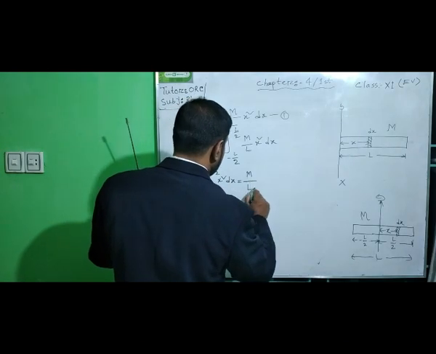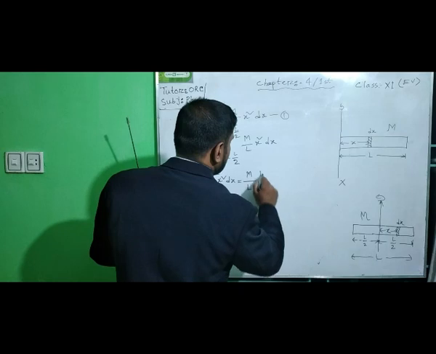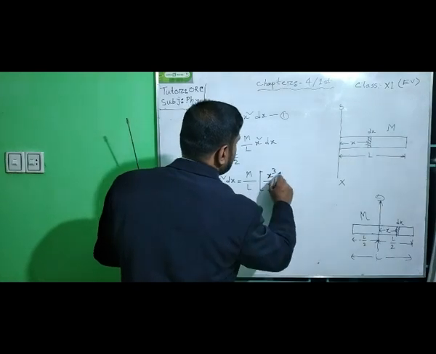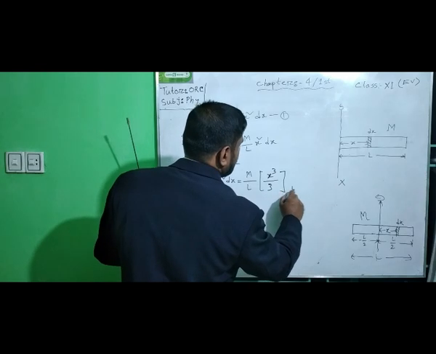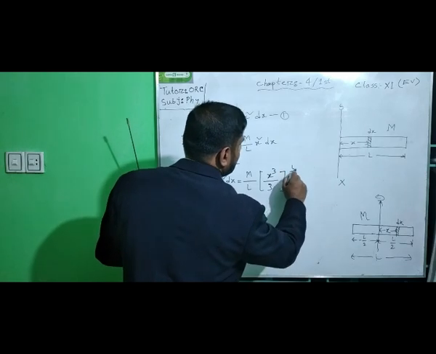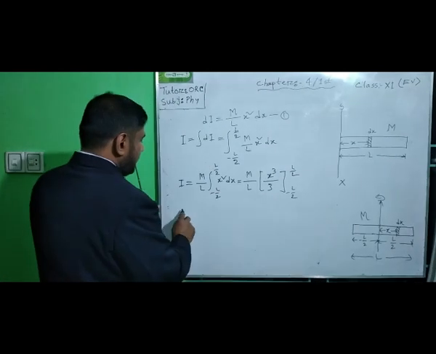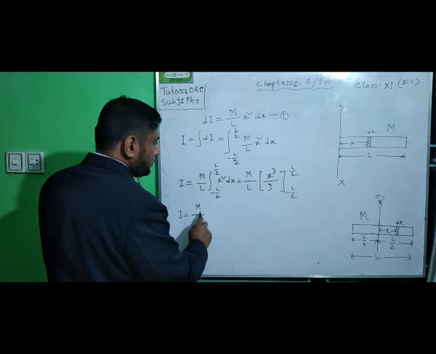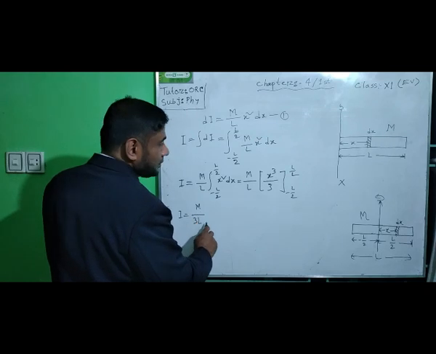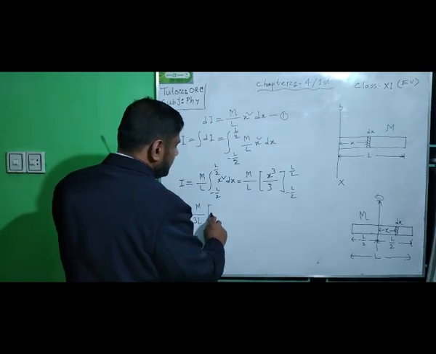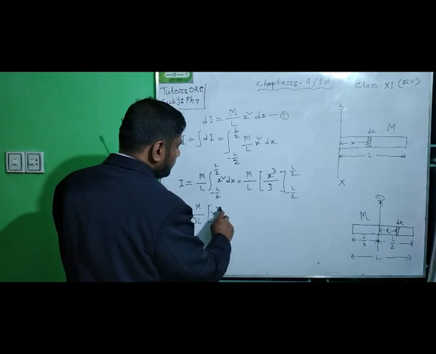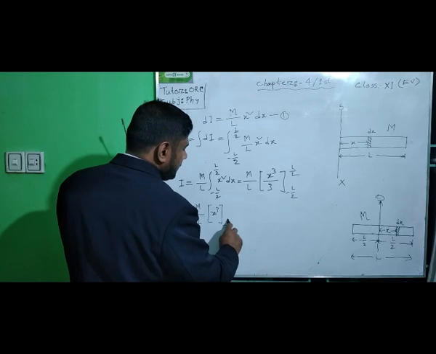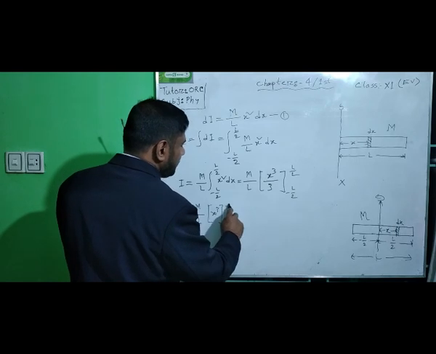M by L, x cube by 3, lower limit minus half L to plus half L. Again m divided by 3L, x cube, with limit minus L by 2 for the lower and upper limit L by 2.